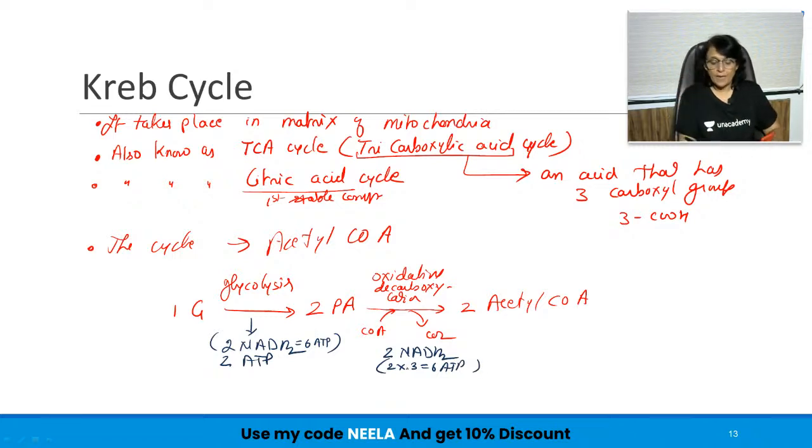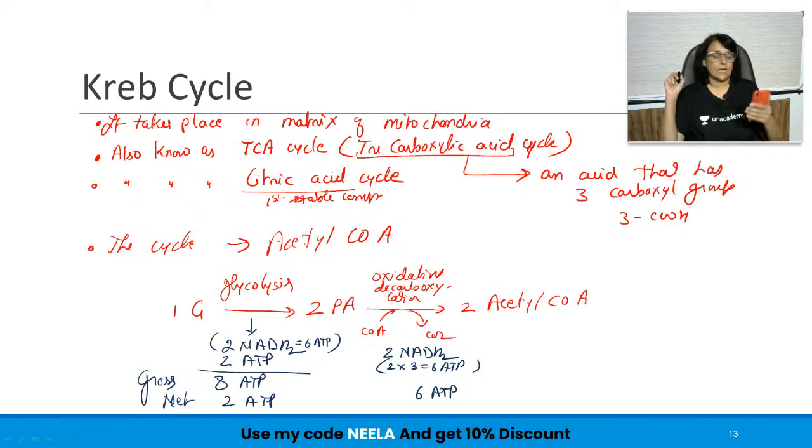So this is what we have so far. 8 ATP, this is gross gain, and net gain is 2 ATP. And in case of oxidative decarboxylation, there will be 6 ATP gain. Alright, now these 2 molecules of acetyl coenzyme A will enter Krebs cycle.